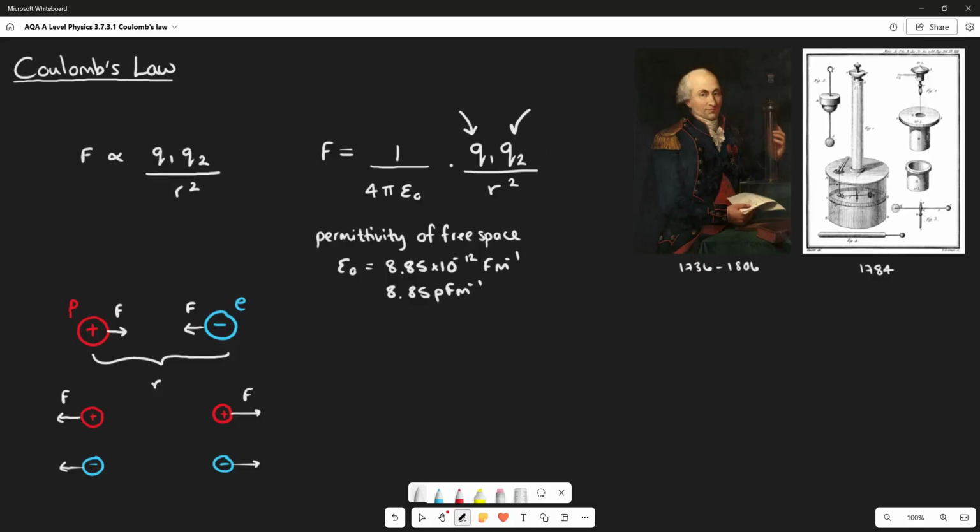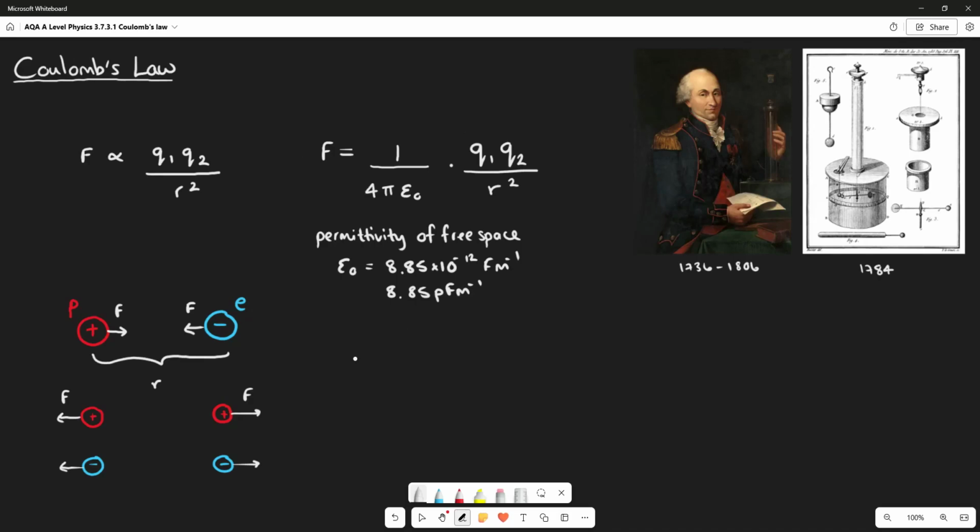Make sure to put the signs of the charges in here, so that if you have a positive and a negative, your answer will come out as negative, so you know that it is an attractive force. For example, this situation over here. If it is two like charges, you will end up with a positive force, like this.